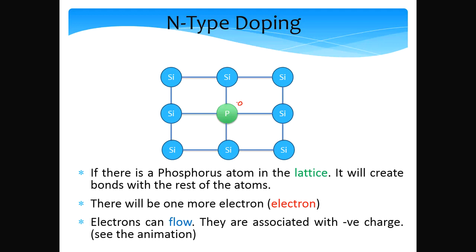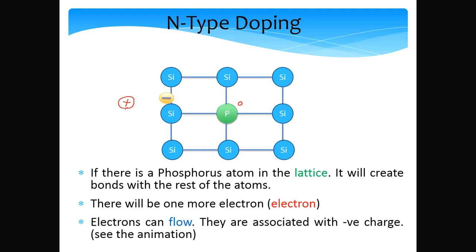So these electrons will flow, and it is associated with a net negative charge. Let us show a similar example: on the application of an electric field, which is essentially a potential difference, electrons can flow from the negative end to the positive terminal. All right.